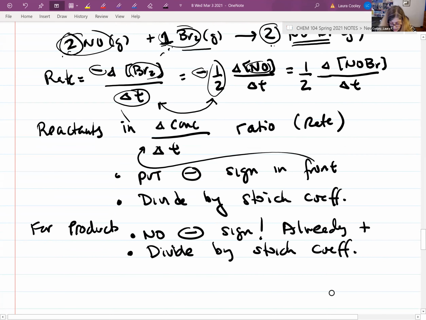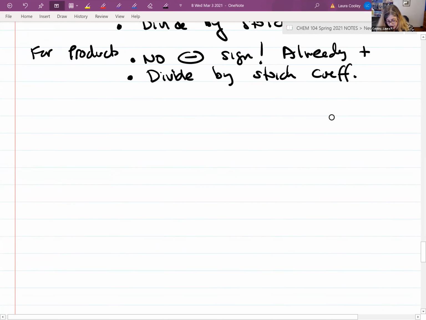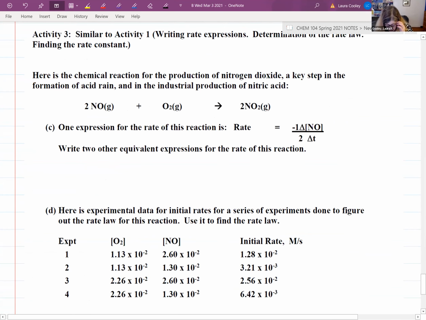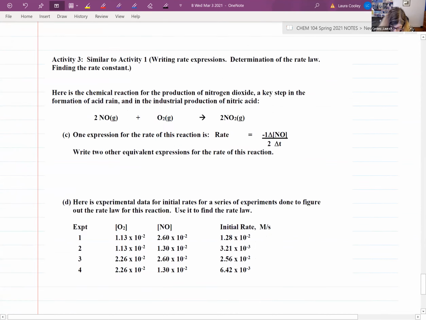All right. So I have one more activity, and I would like you guys to do it, because it's really easy to watch me do it, but it's not maybe so easy to do it yourself. So this is activity 3.